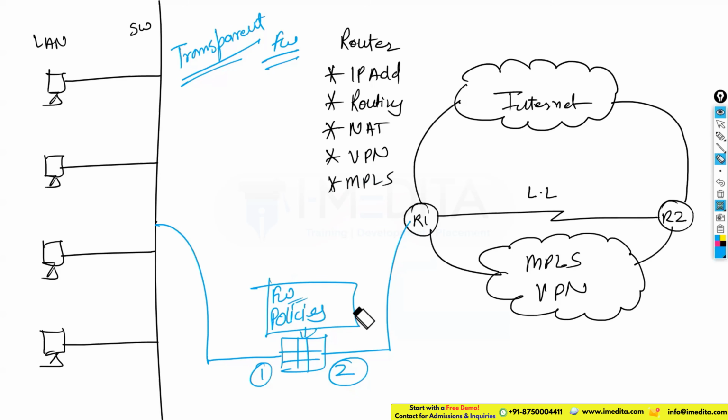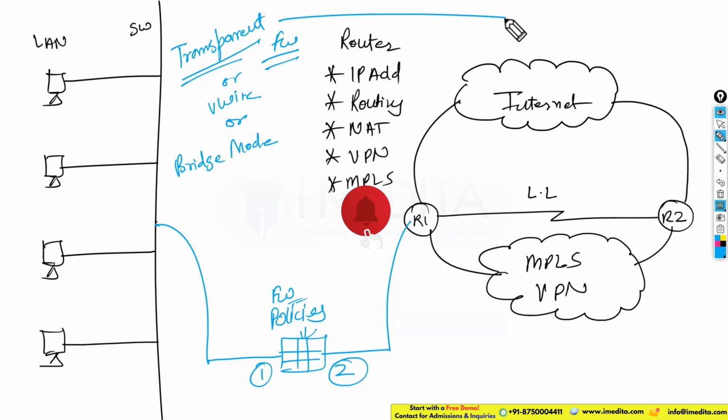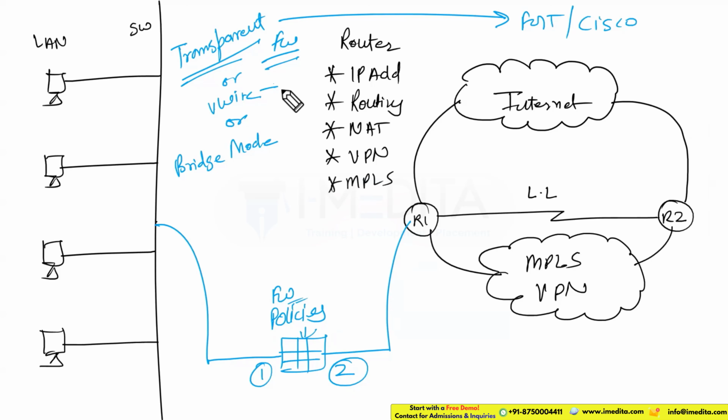This transparent firewall is also called vWire. We also call it vWire, or we also call it bridge mode. Transparent firewall is the term used by FortiGate and Cisco. vWire is used by FortiGate and Palo Alto. Bridge mode is used by Checkpoint.